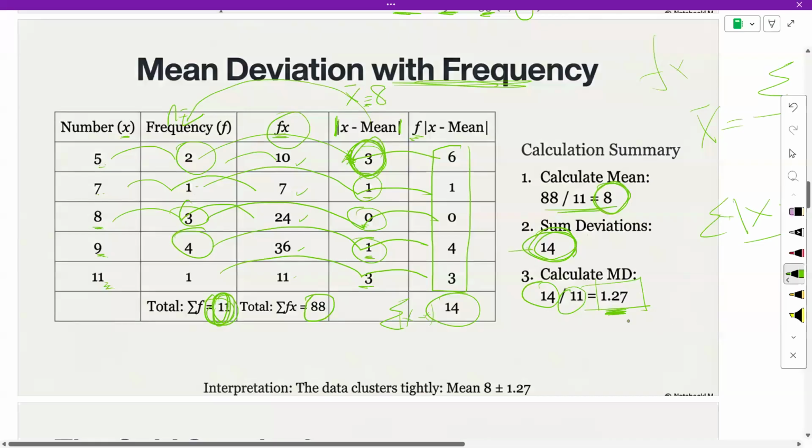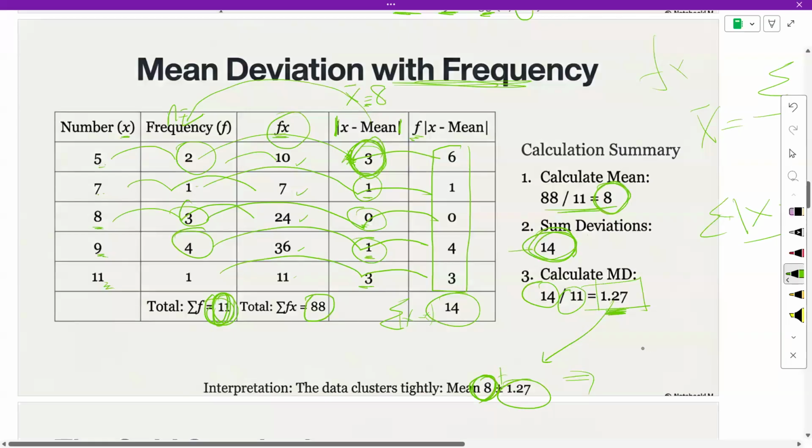So how can we write this to interpret it? We know the mean is 8, and the deviation is 1.27, plus or minus. Then the range is what?